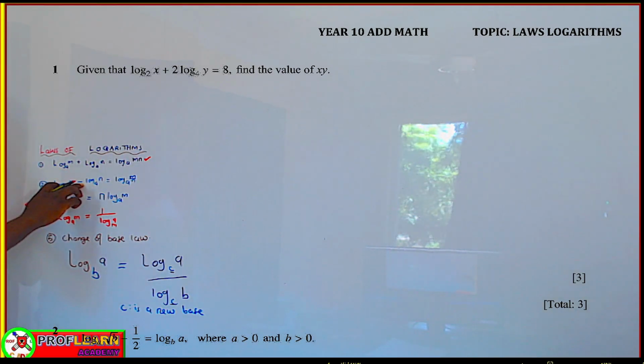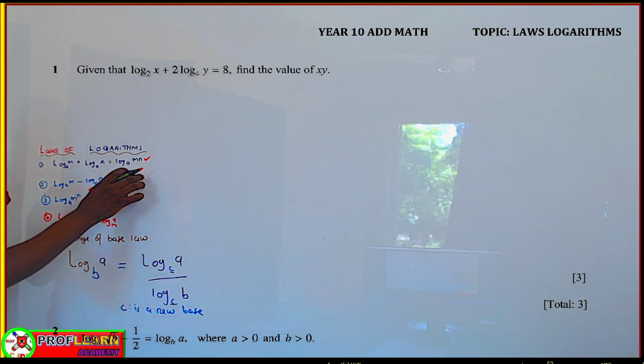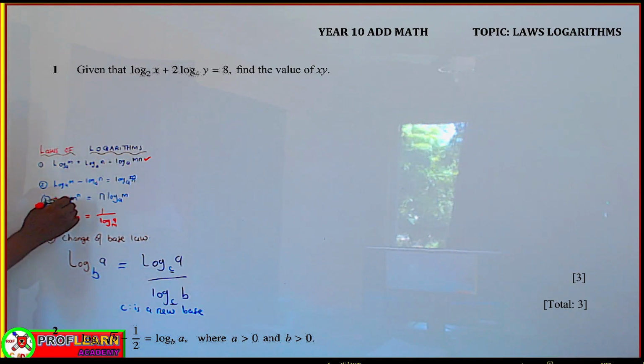If you have a subtraction and the two logs have the same base, it means you are going to divide the two numbers. And if you have n as a power of m base a, you can take the power and put it in front of the log.